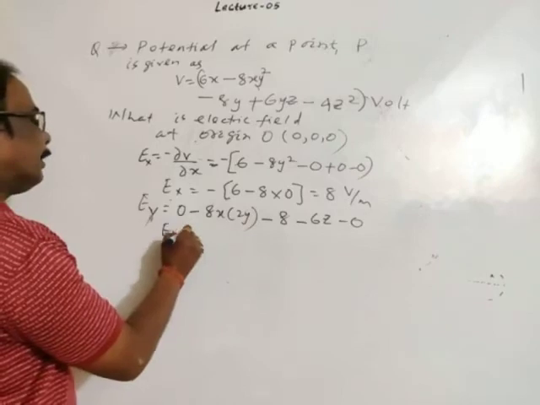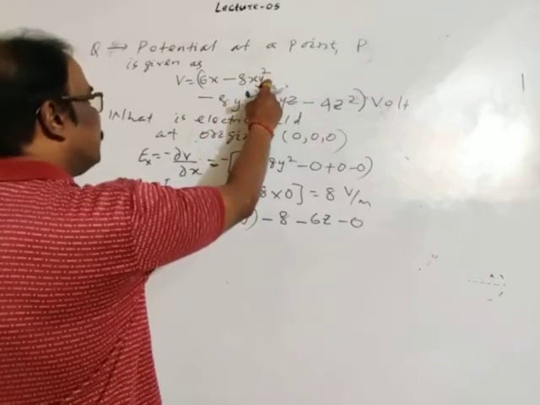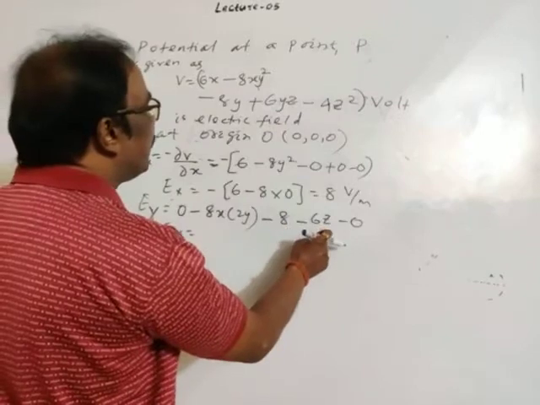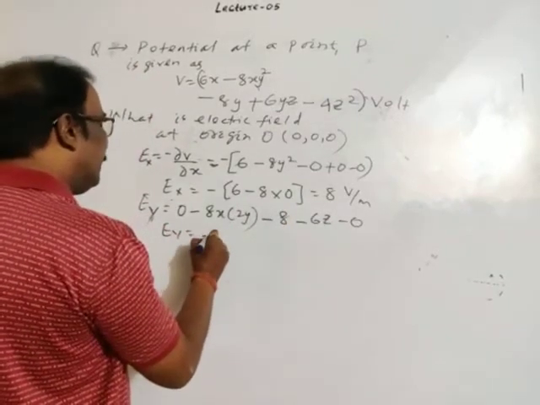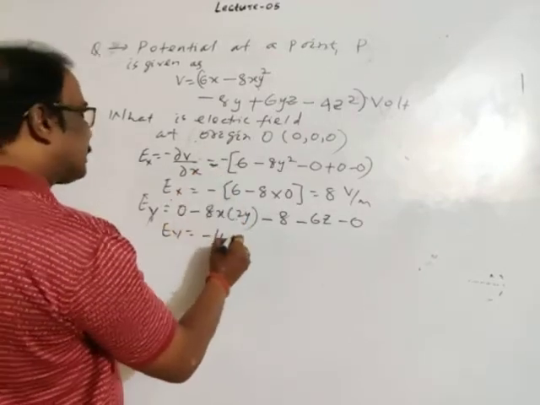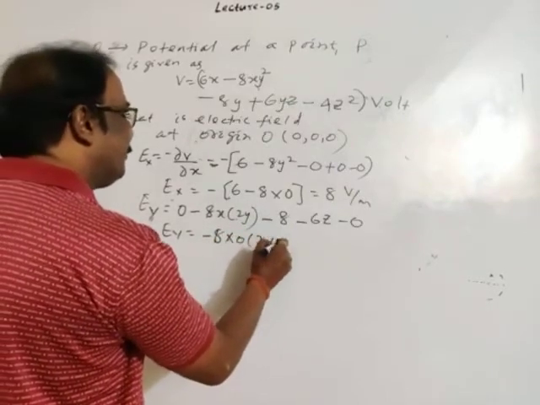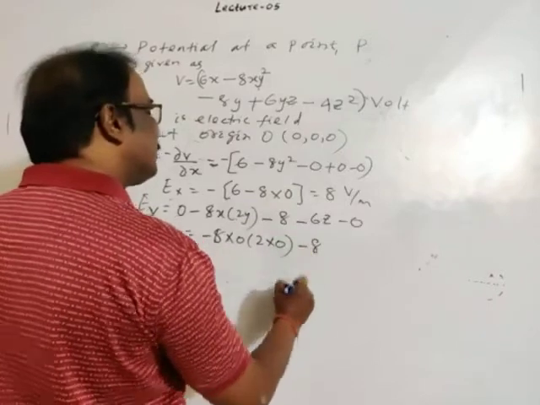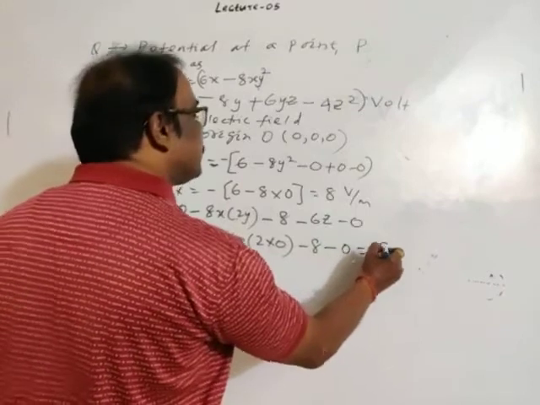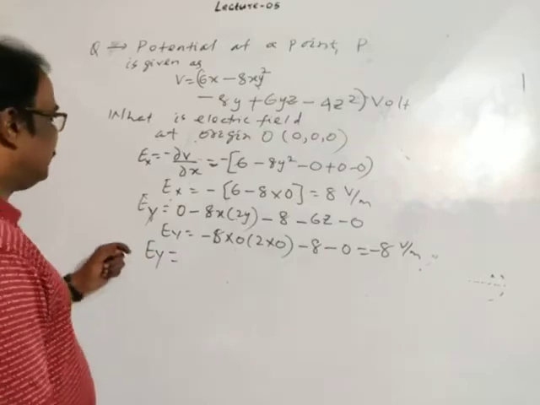So the electric field along the y-axis is minus 8x into 2y minus 8 plus 6z. Here x is 0 and z is 0, so it is minus 8 volt per meter.